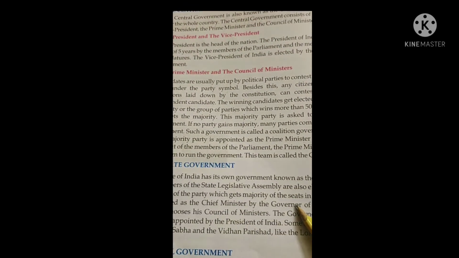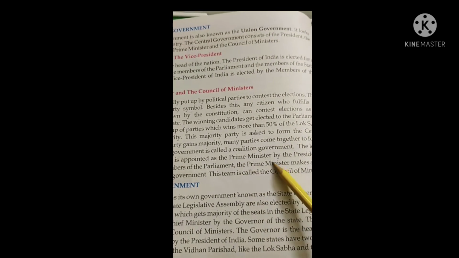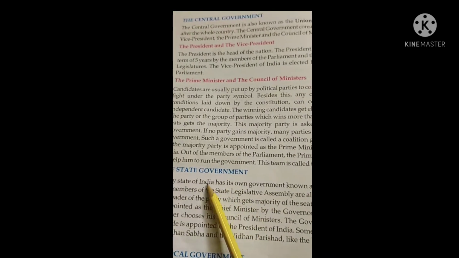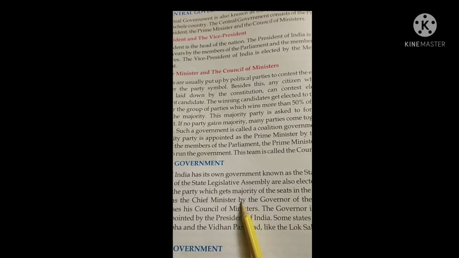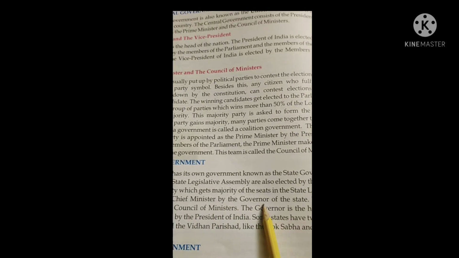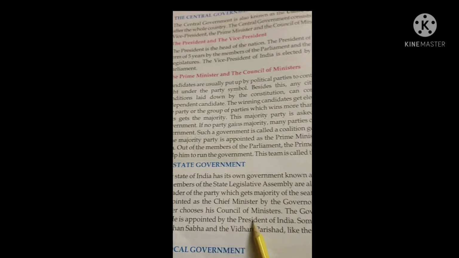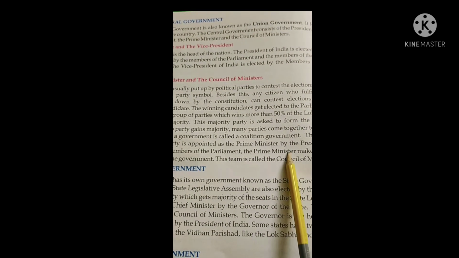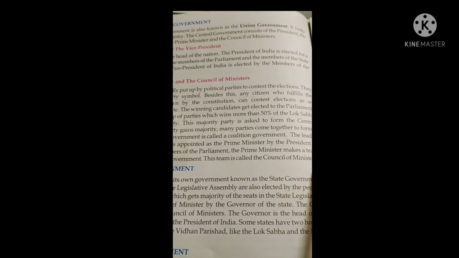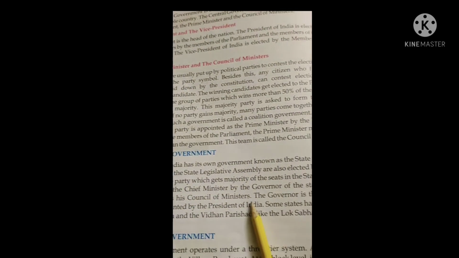Here it was appointed as prime minister by the president, and in the state government the leader is appointed as chief minister. Here not the president, here it is done by the governor of the state. Now the chief minister chooses his council of ministers. Just like the prime minister chooses his council of ministers, in the state the chief minister chooses his council of ministers.